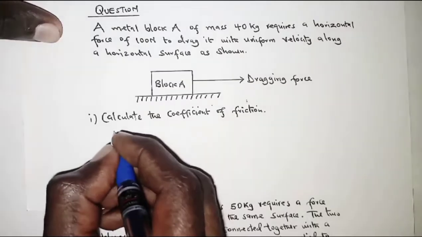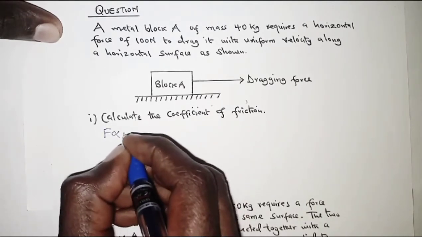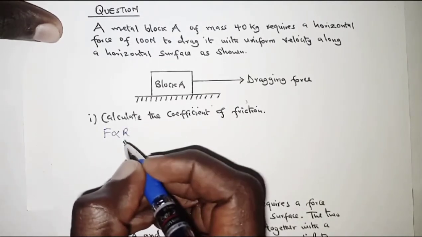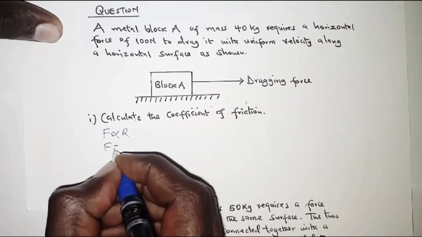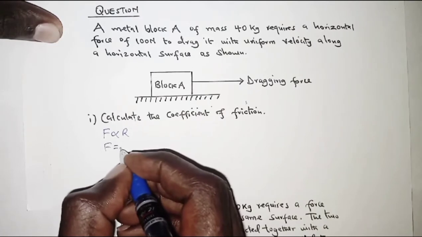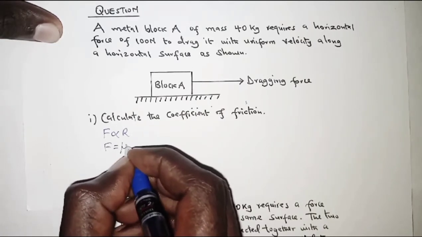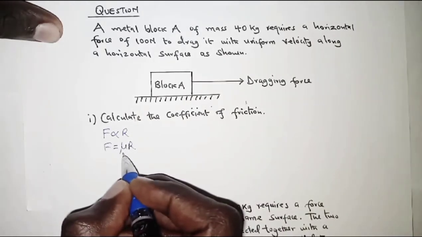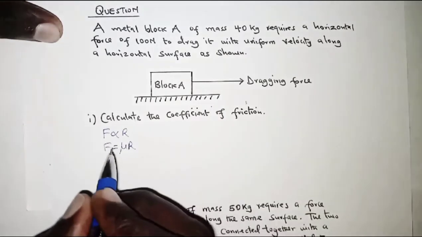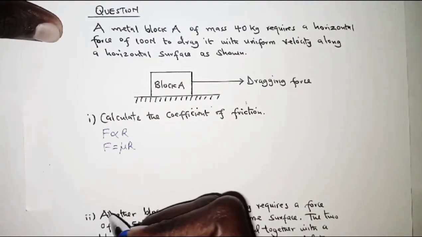Note that the dragging force is directly proportional to the reaction force, and this also implies that when you introduce the equal sign, we need to bring up a proportionality constant, and for that case we'll use the letter mu. So we have mu R, where mu represents the coefficient of friction and R is the reaction force.